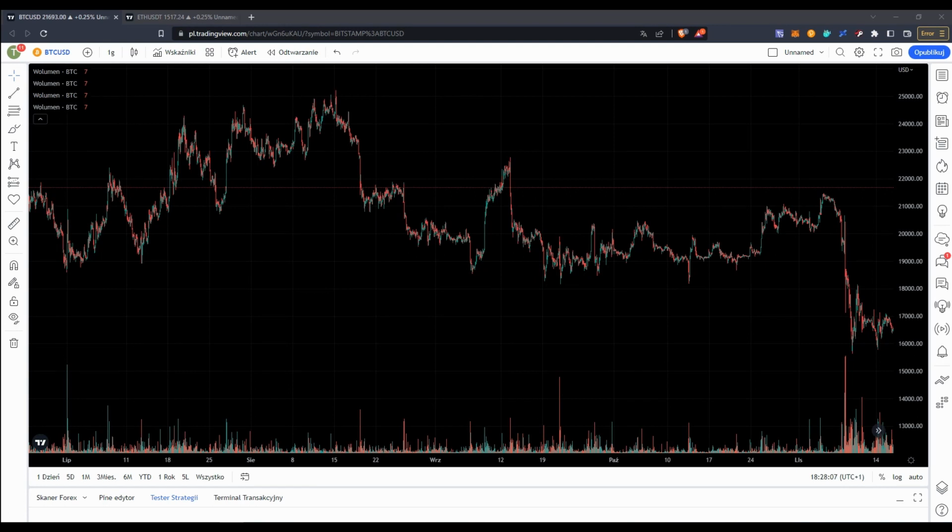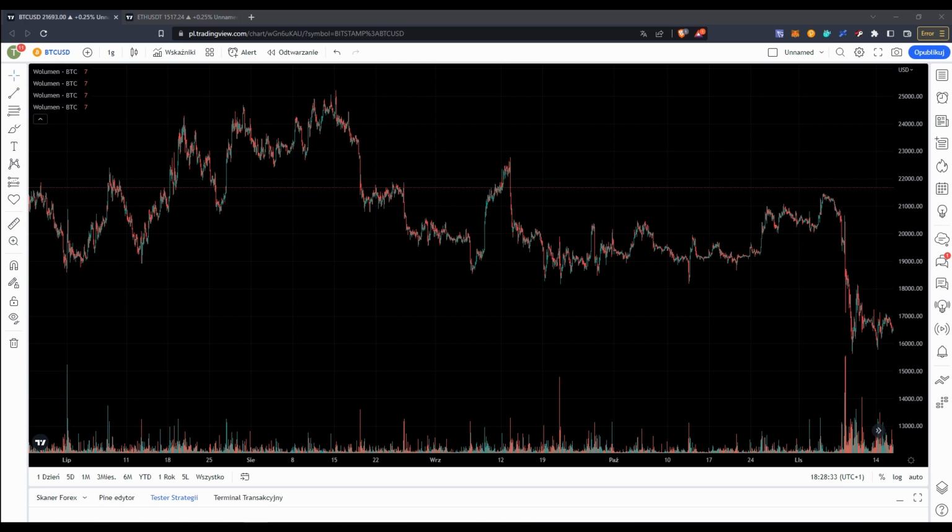So that's the basic stuff. Of course, it's important to keep in mind that volume alone might not be enough to make a trading decision, but there are plenty of traders around taking their trading decisions solely based on volume.